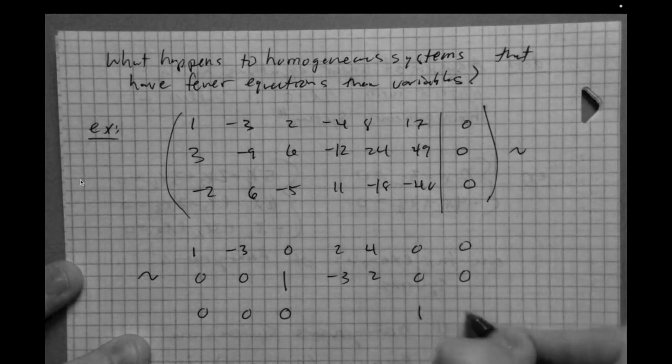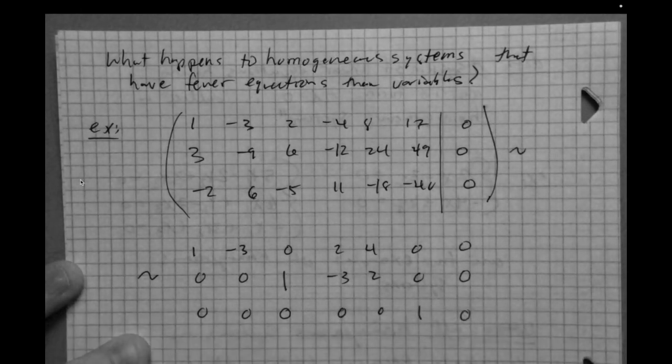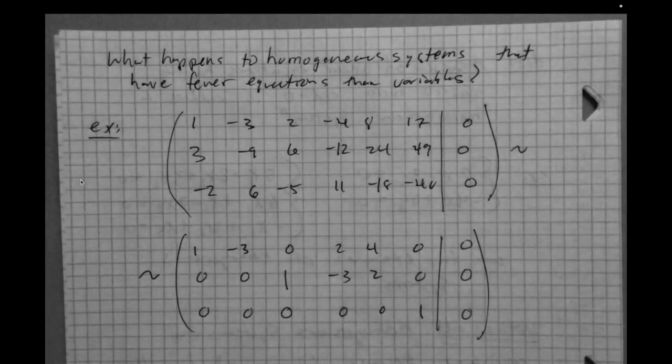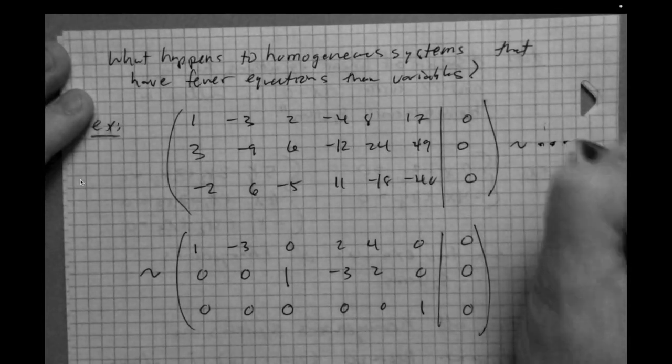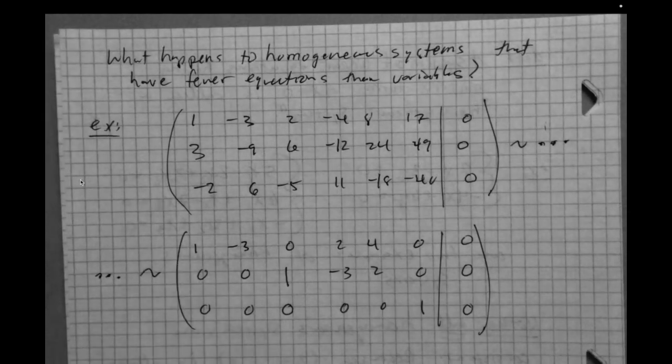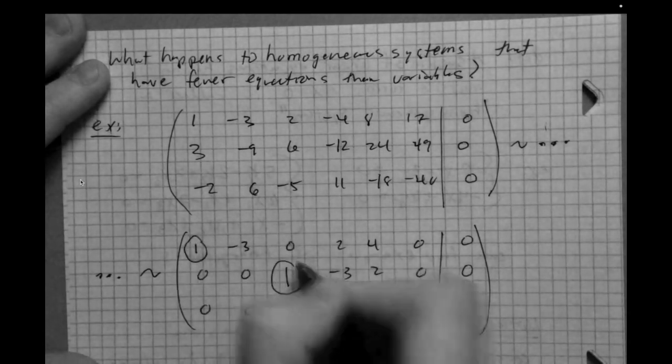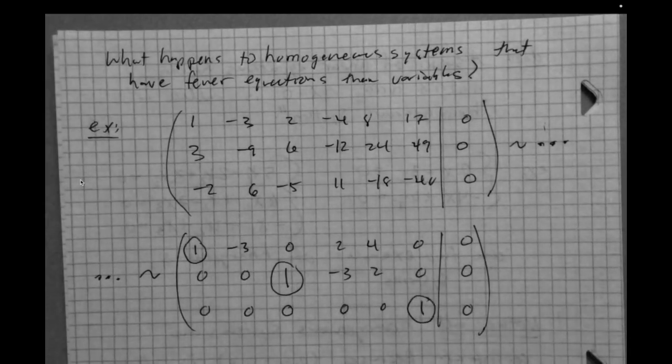Everything is a 0 except for this guy down here. So if you went through the process of doing the reduced row echelon form, the Gauss-Jordan elimination, you would get it into this form. Now notice you've got your pivots here, here, and here.